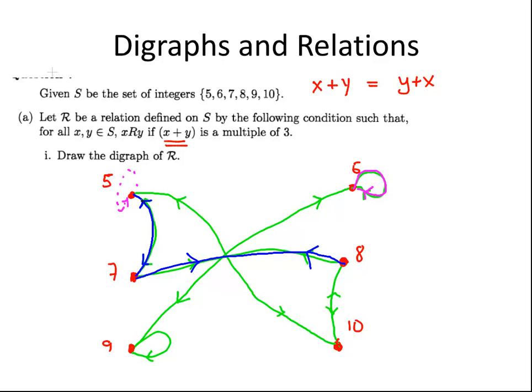But for a transitive relationship to exist, that would mean that 5 and 8 would be related, and that is not the case. 5 plus 8 is equal to 13, which is not a multiple of 3. So the relationship R is not transitive: just because one vertex is related to 7, and another vertex is related to 7, doesn't mean those two vertices are related to each other.